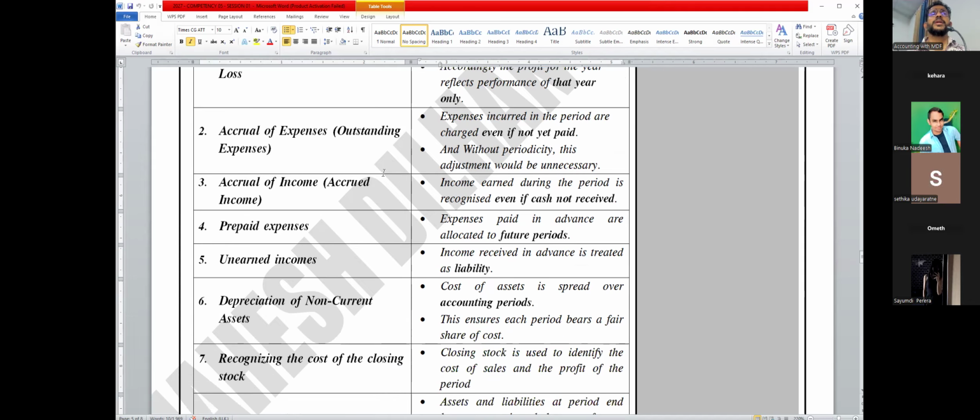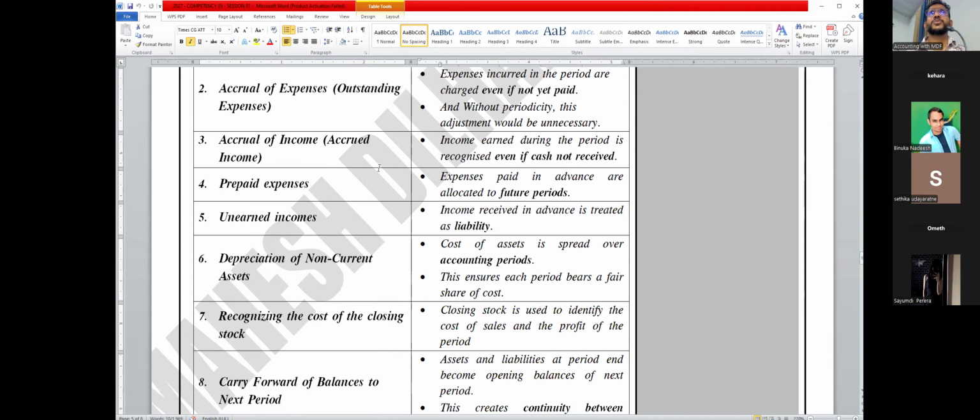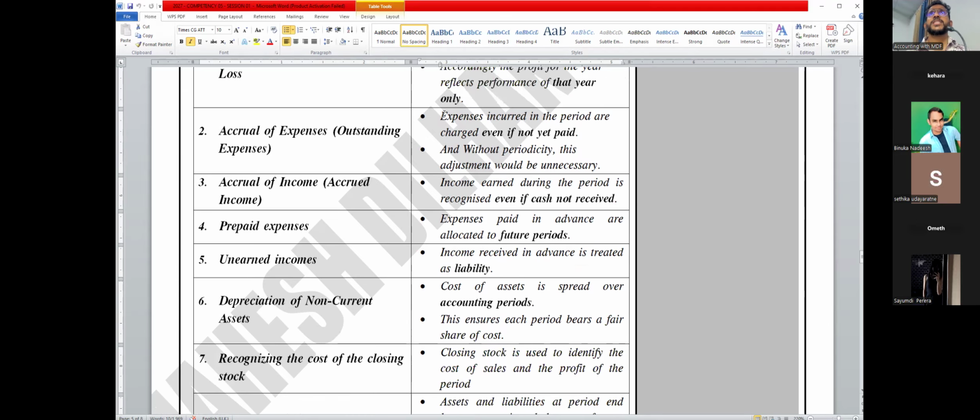Next, accrual expense, or outstanding expenses. Expenses incurred in the period are charged even if they are not paid. Let's say your house has received the electricity bill for the month, but you have not paid it.